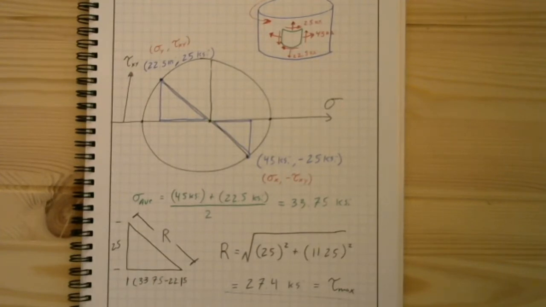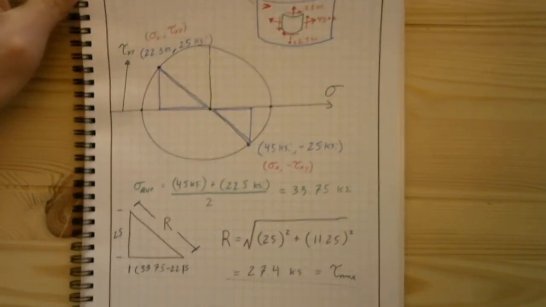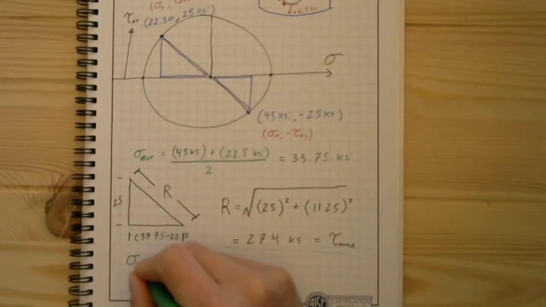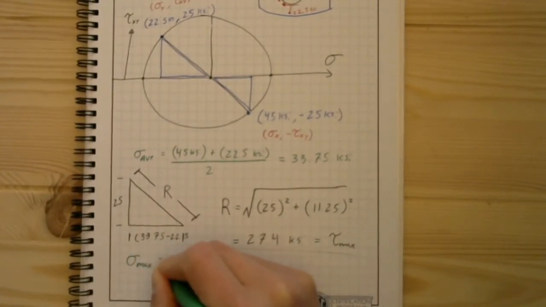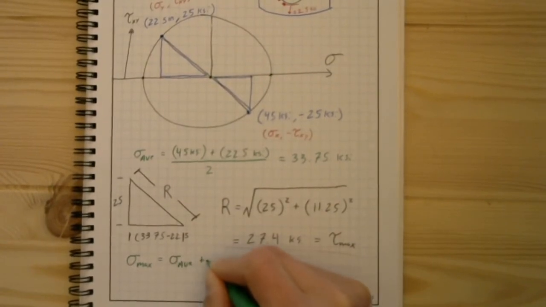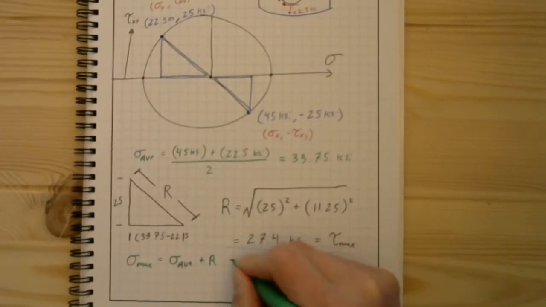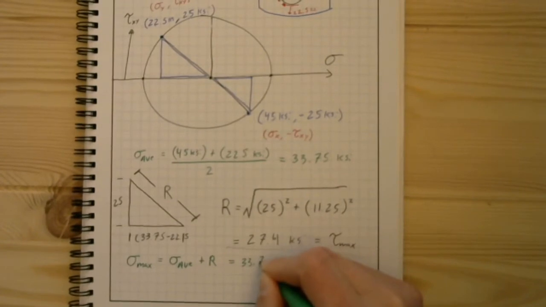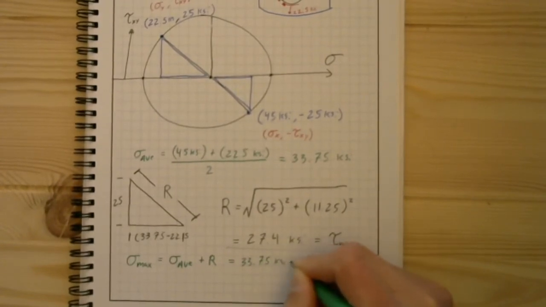If we want to know our maximum and our minimum in plane normal stress, maximum in plane normal stress is going to be the average plus the radius, which is going to be the average 33.75 ksi.